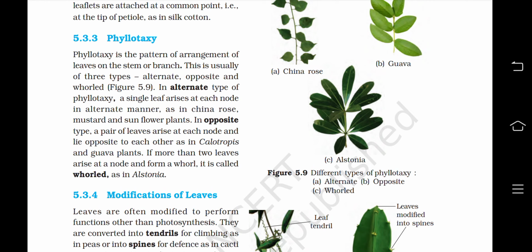China rose is an alternate type of phyllotaxy. In the opposite type, a pair of leaves arise at each node and lie opposite to each other, as in Calotropis and guava plant, which you can see in figure 5.9b. If more than two leaves arise at a node and form a whorl, it is called whorled, as in Alstonia, which you can see in figure 5.9c.